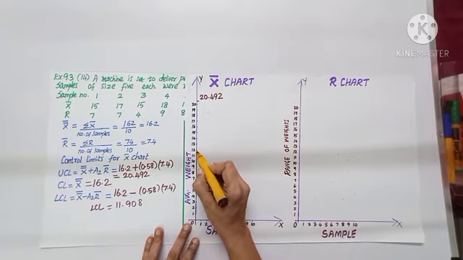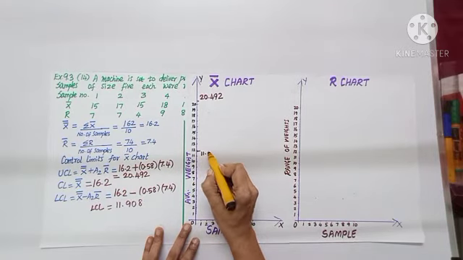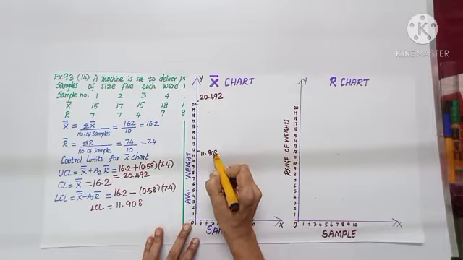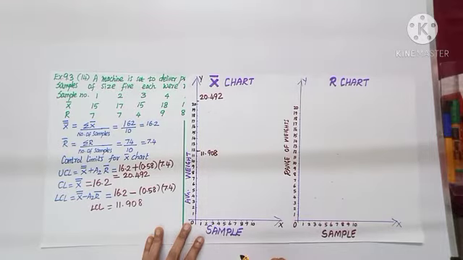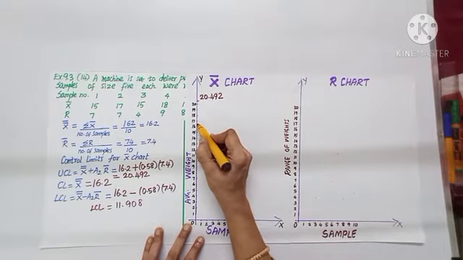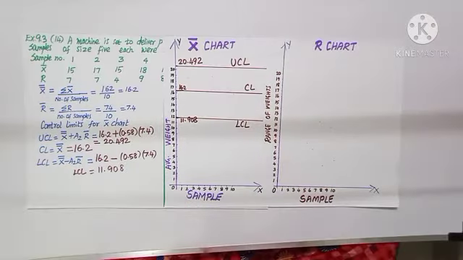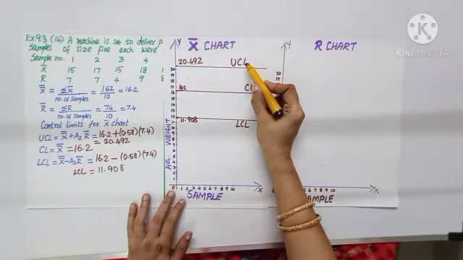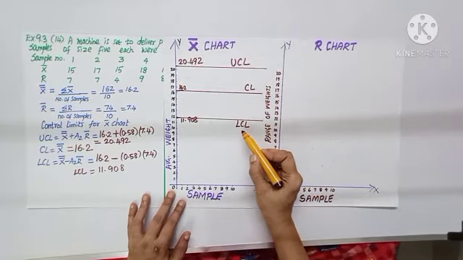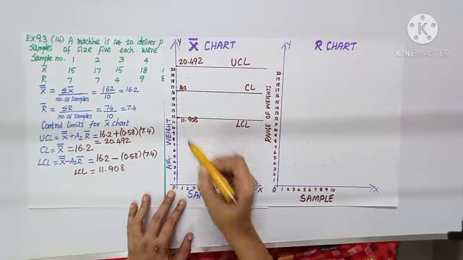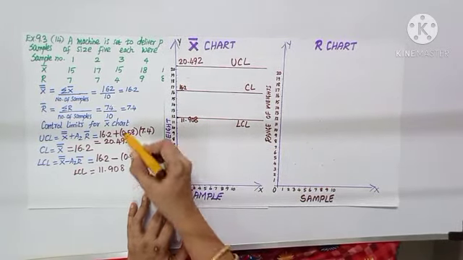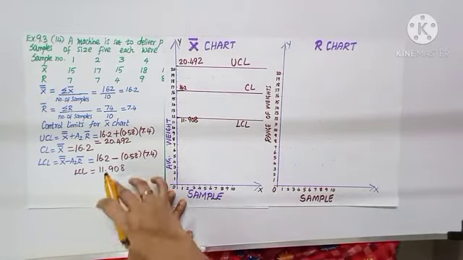It will be here. So we have marked 11.908. CL is 16.2. It will be somewhere here. So this is 16.2. We have UCL, CL, LCL. We can also denote the limit values from here.